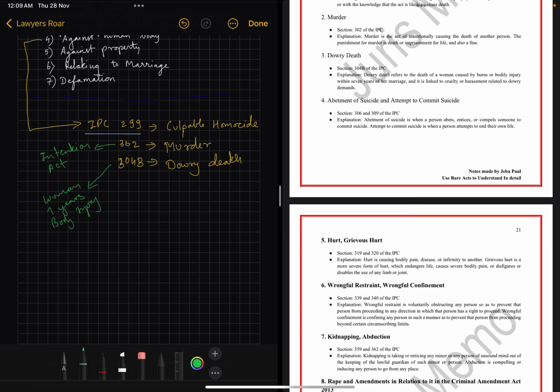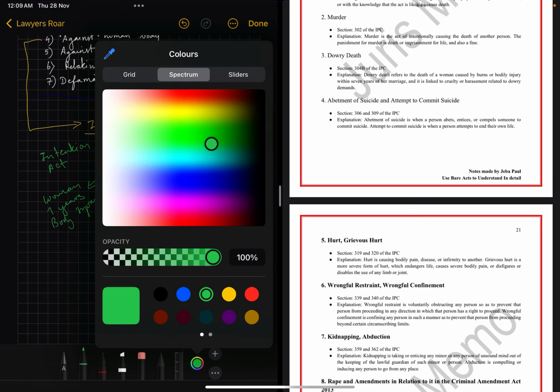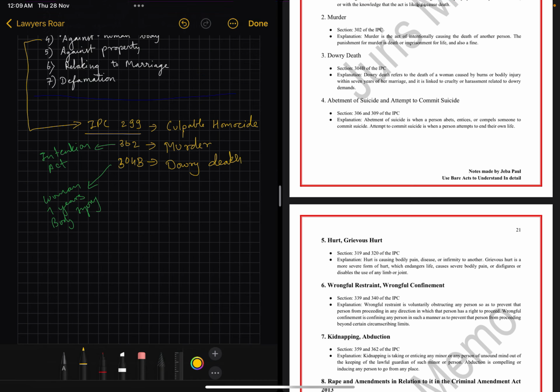Now abetment of suicide and attempt to commit suicide, these two sections are there. If someone is trying to commit suicide and doesn't die, he is still committing a crime, so he will be punished. Abetment of suicide is when a person abets, entices or compels someone to commit suicide. So even in regular conversation with friends during tough times, you should never say things like this.